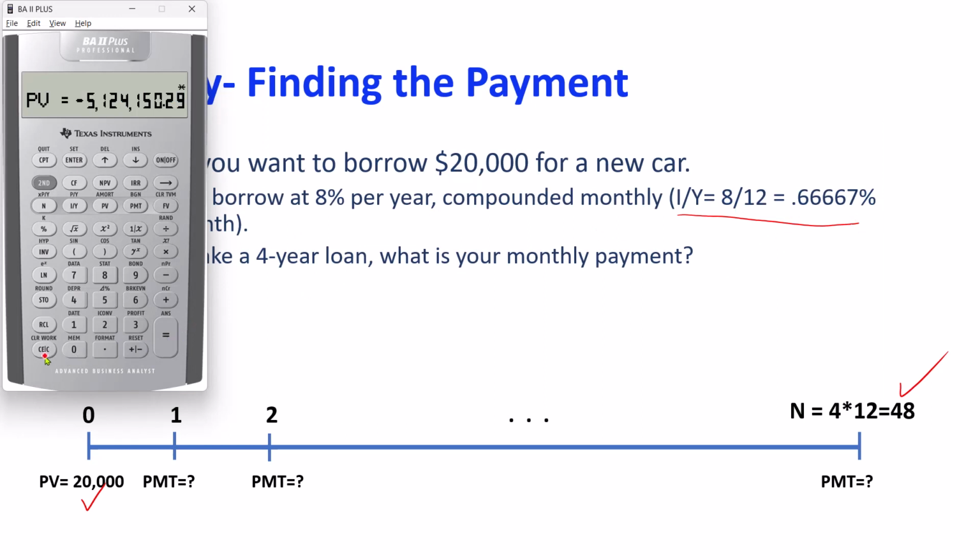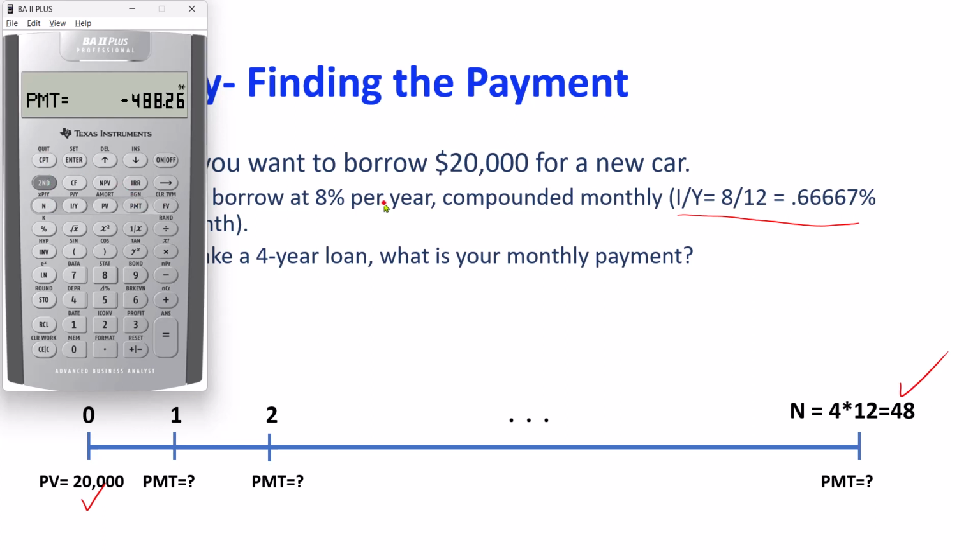Let's do this. Clear. Time value of money function, and then we start with the present value. You're borrowing $20,000 today. 8 divided by 12 will give you your monthly rate. 4 years times 12 will give you the number of months, and then you will calculate the payment.